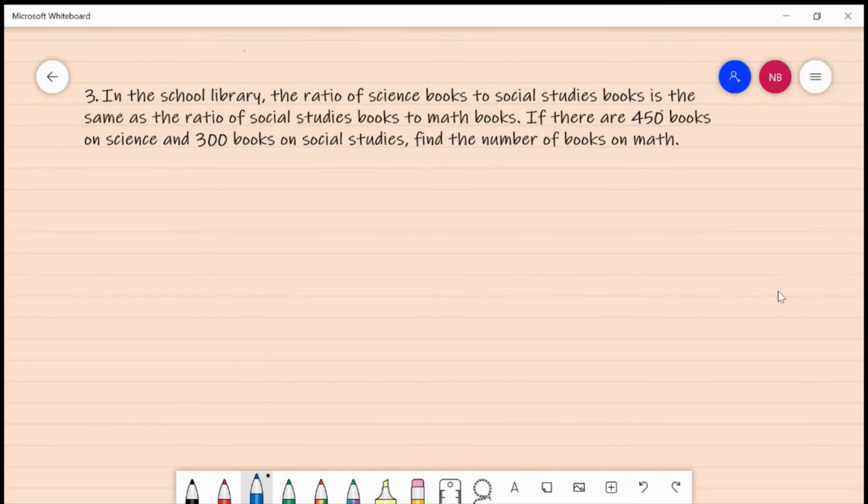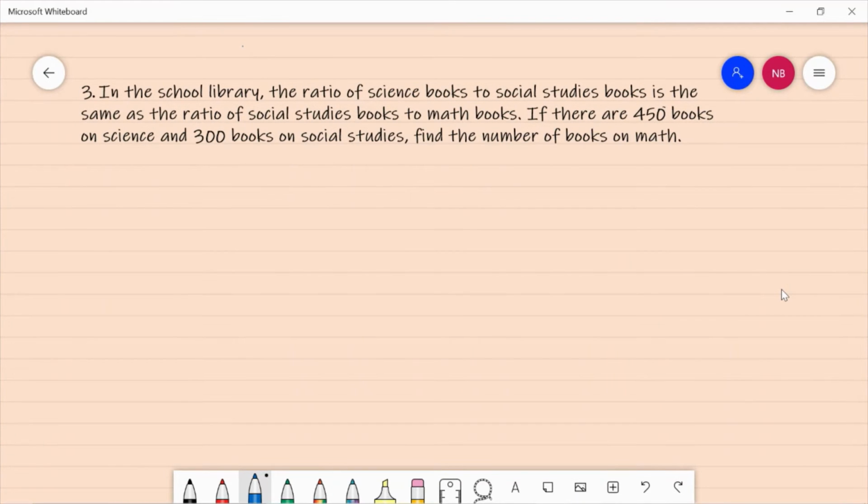So let's do the third and final question, and see, I have changed the background color for you. Let me read it for you. It says, in the school library, the ratio of science books to social studies books is the same as the ratio of social studies books to math books. If there are 450 books on science and 300 books on social studies, find the number of books on math. So what are we going to do? Let's first quickly put this information in the form of a proportion statement.